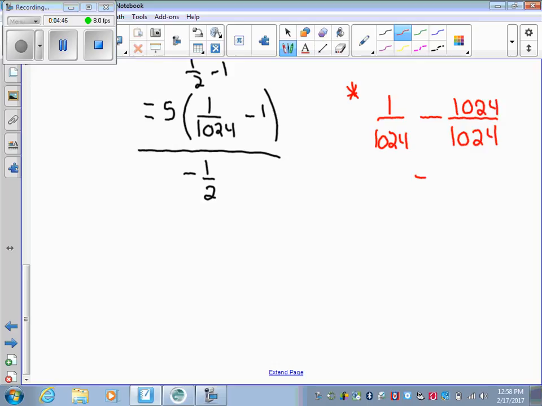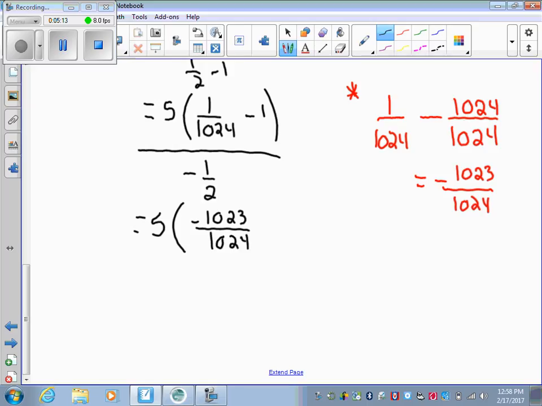So that will give me negative 1,023 over 1,024. Okay, so I come back over to my work over here and continue along. Negative 1,023 divided by 1,024, all divided by negative 1/2.